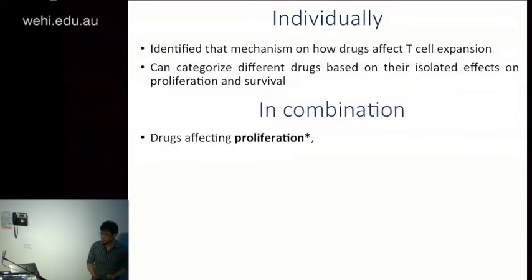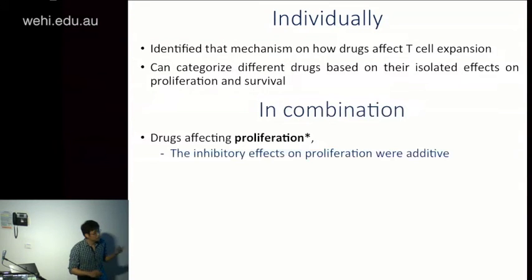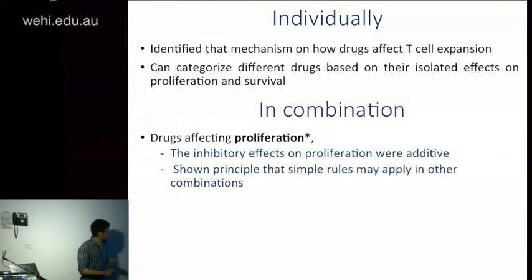And in combination, I've shown you 2 drugs that affected proliferation. With only 1 example so far, I've shown that the inhibitory effects of those 2 drugs on proliferation were additive just by using a simple rule of addition. And hopefully this will give us a nice principle that we can apply to other simple rules for other combinations.